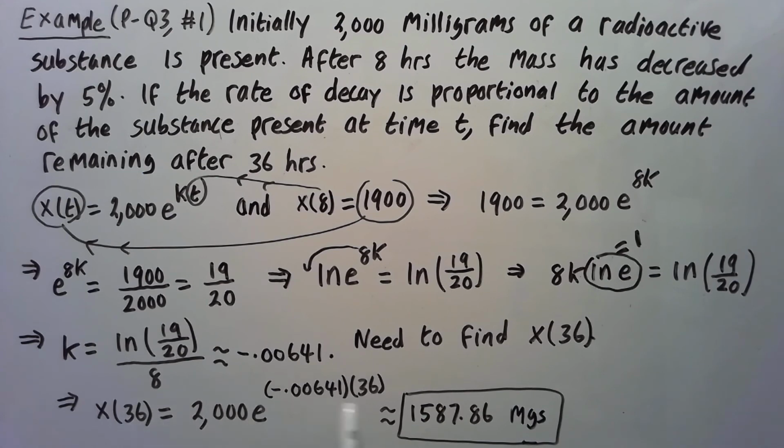Our t here is 36. If you stick that in your calculator, it's roughly equal to 1,587.86 milligrams. So that's how much will remain after 36 hours. Okay, so we're done with the question.